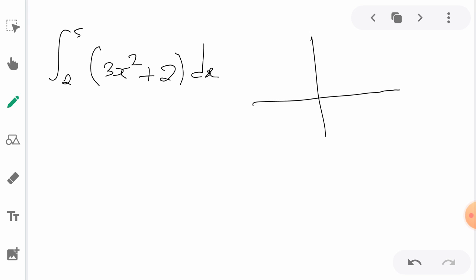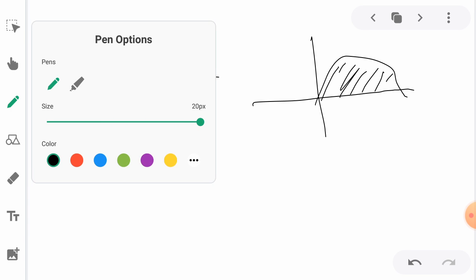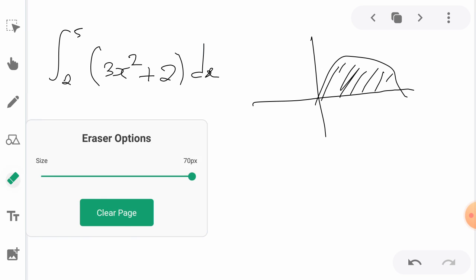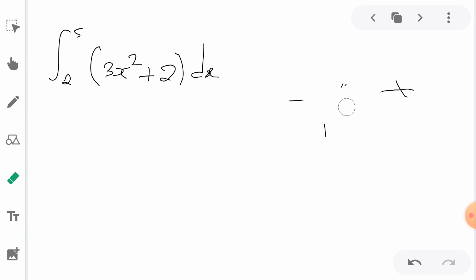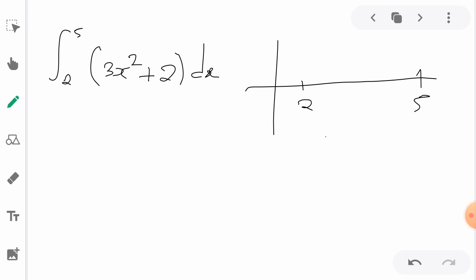What this means is, if you have a curve like this, they want you to find the area under the curve, in short. And in this case, what we have is a curve which is looking like this, where you have 2 here and where you have 5 there. Then we've been told to find the area under this. Remember, this is along the x-axis.